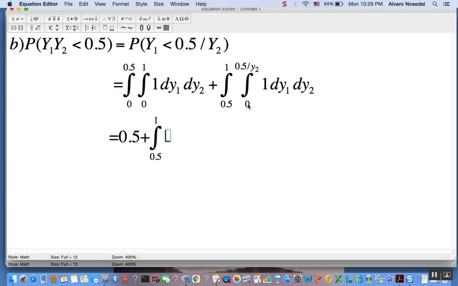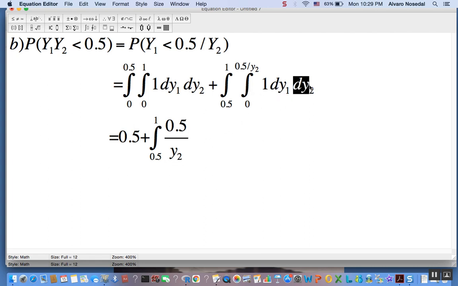So what we end up with is just 0.5 divided by y2. That's the first integral.